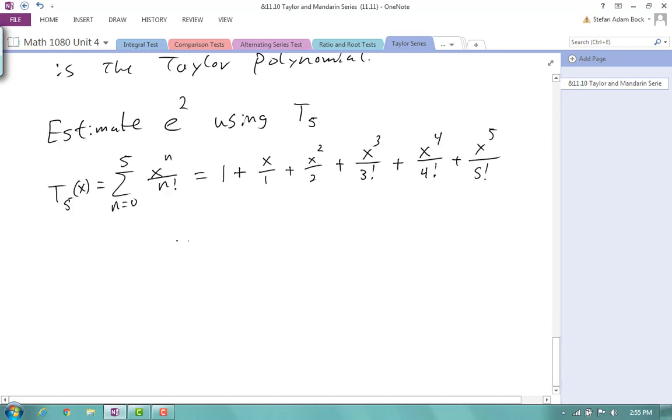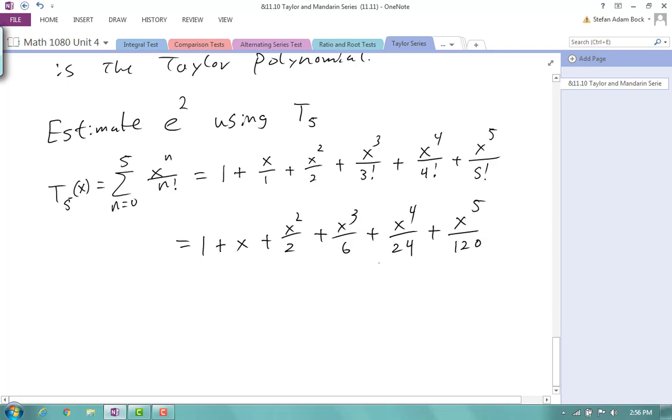Now if I write those out, expanding the factorials, I'd have 1 plus x plus x squared over 2, plus x cubed over 6, plus x to the 4th over 24, plus x to the 5th over 120. So if I wanted to estimate e squared, all I would have to do is plug in 2 to this polynomial, and I can definitely do that by hand.